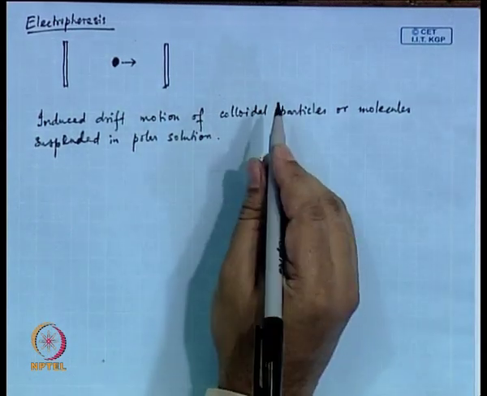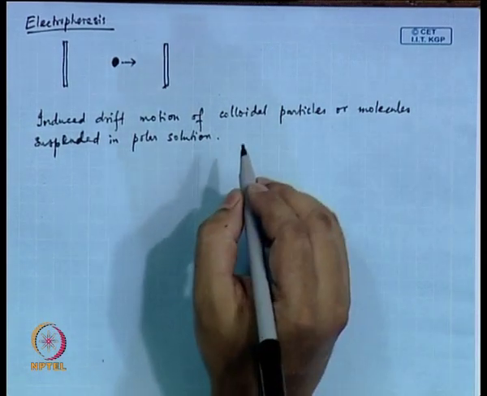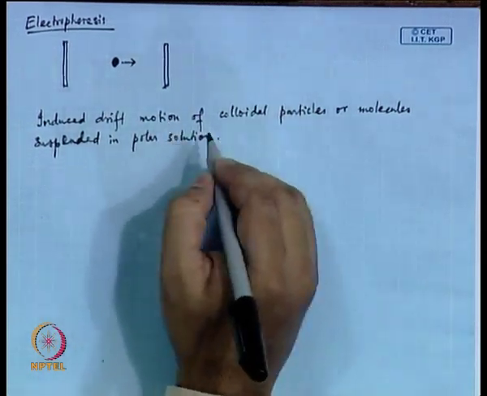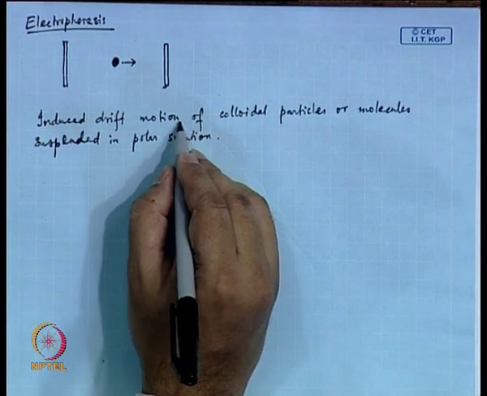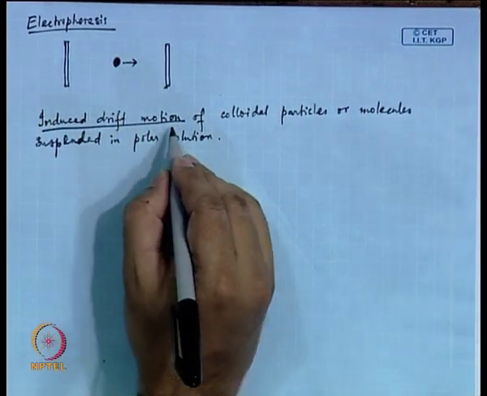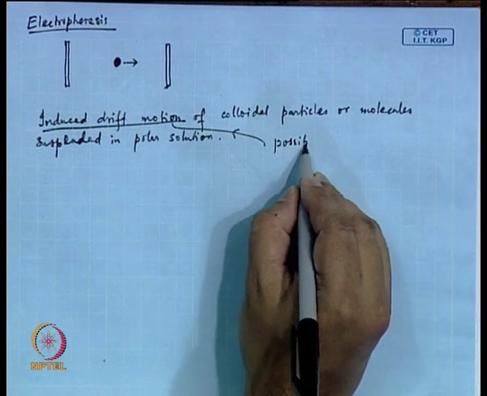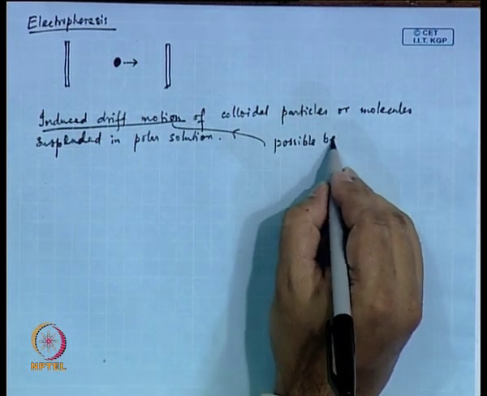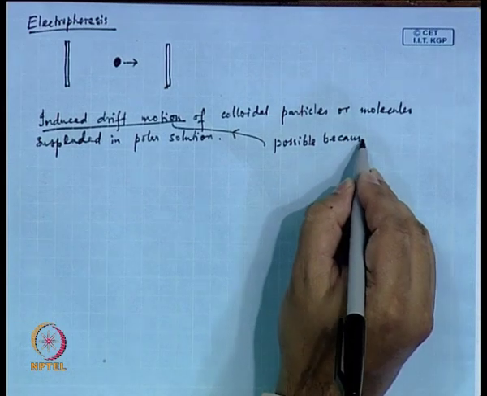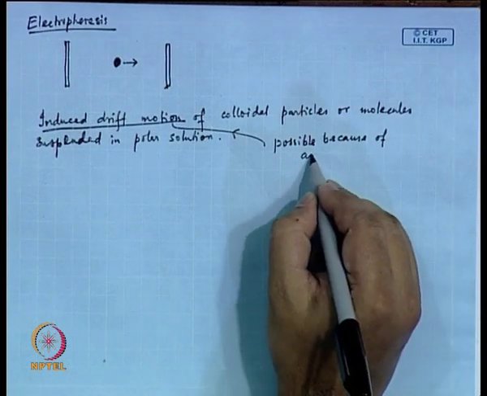This induced drift motion is possible because of the application of an electric field.